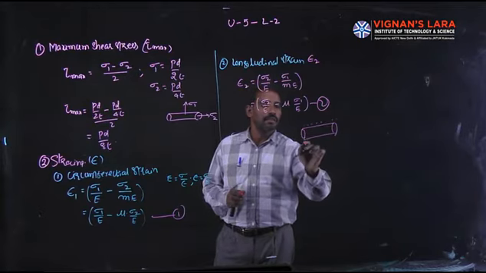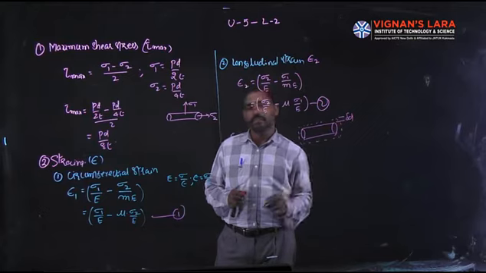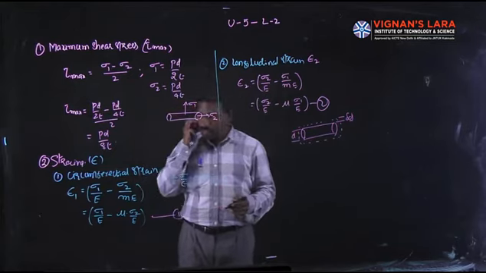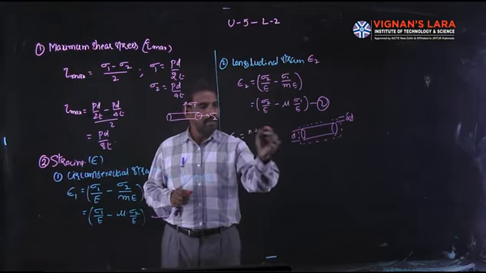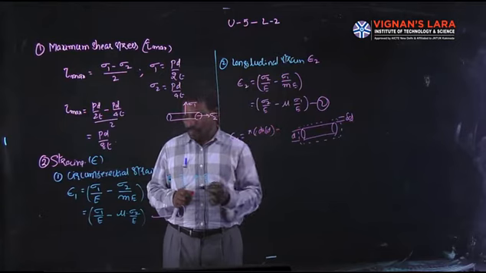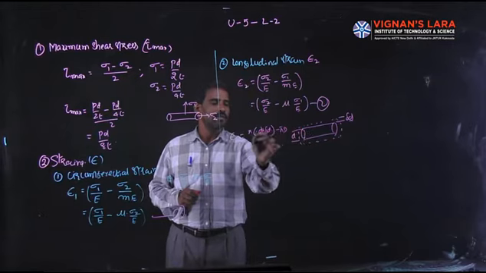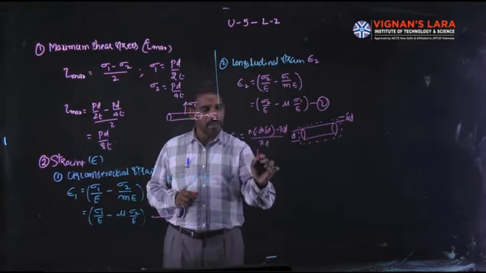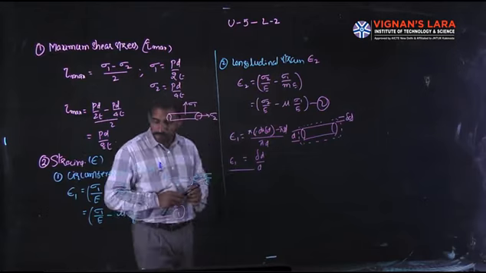Say this is D and this is delta D. So the change in circumference divided by the original circumference is equal to (pi into (D plus delta D) minus pi D) divided by pi D. Finally it becomes delta D by D. Simply we can write this from the geometry.